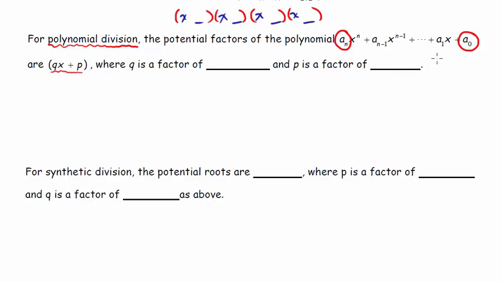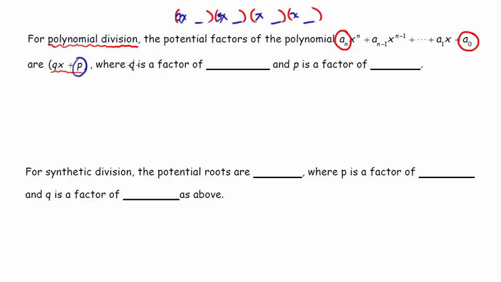So going backwards, p must be a factor of a naught, our constant term. Similarly, if we had some numbers in front of these x's, and we wanted to go from our expanded form to our factored form, we would look at the leading coefficient here to figure out what these are.